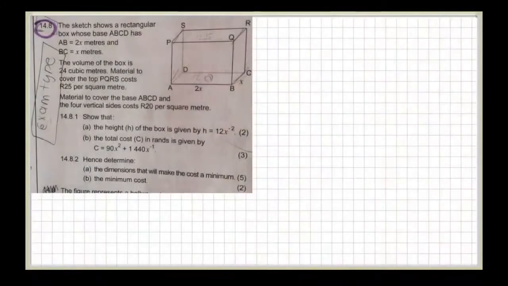The sketch shows a rectangular box whose base ABCD has AB to be 2x and the side to be x. That one I'm going to affectionately just name h for the height.